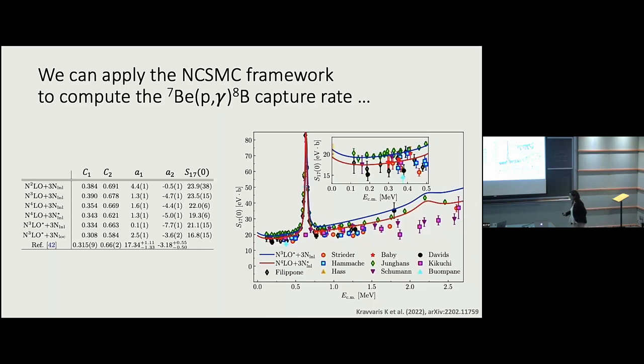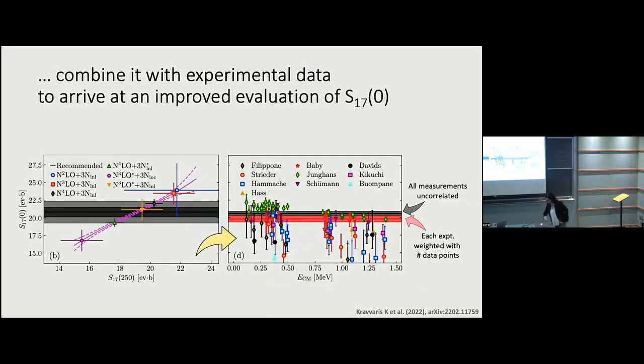So what we did instead, and I should say what Kostas did instead, is to look at what happens if we plot this zero energy S factor that we obtain with these various interactions as a function of the S factor at finite energies, for example, 250 kiloelectron volt.